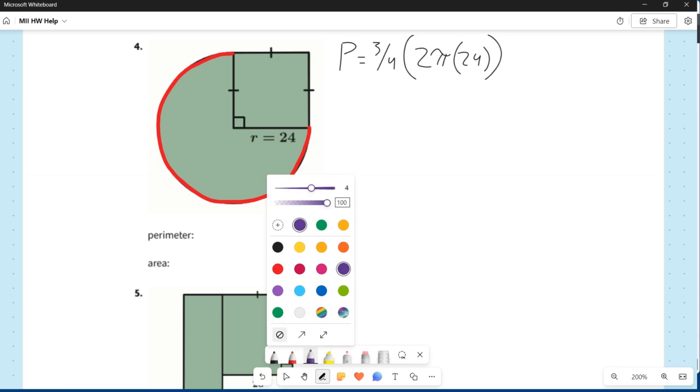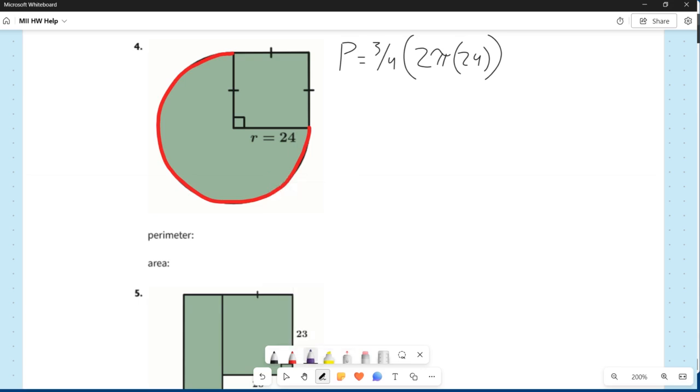Then, in order to get the perimeter of my entire figure, we also need to include this piece right there, because that is also on the outside, and we're going to add that. Each side here is 24, and we have 2 of them, so we have 2 times 24.